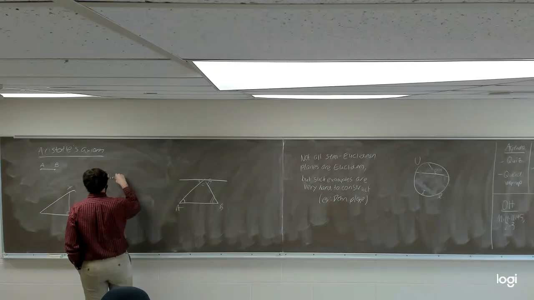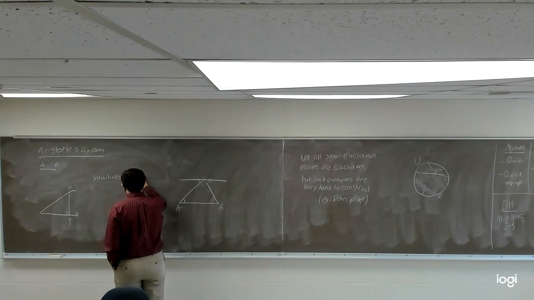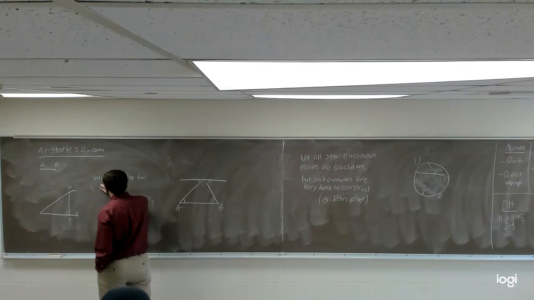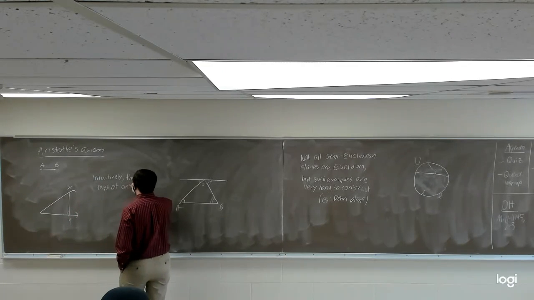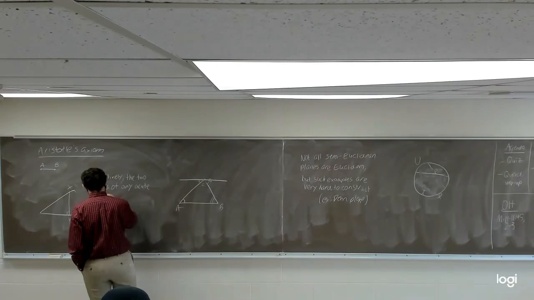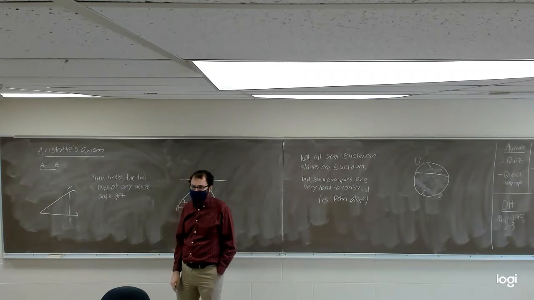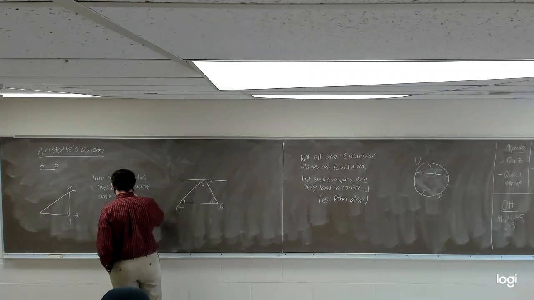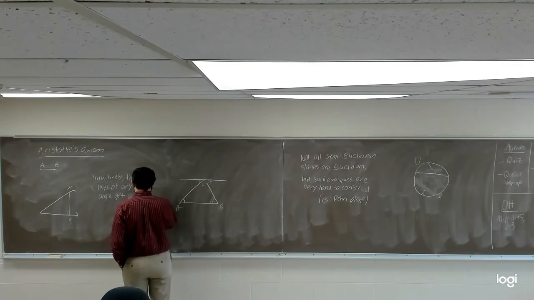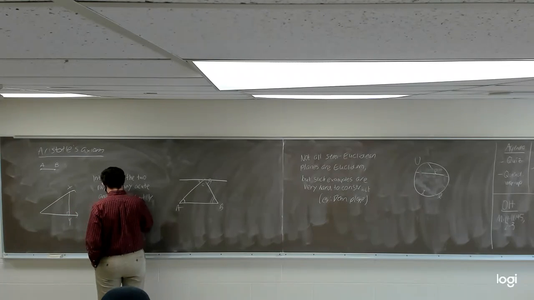So intuitively, what this really means is that the two rays of any acute angle get arbitrarily far apart from each other. Or let's even say, dare I say, infinitely far away from each other.